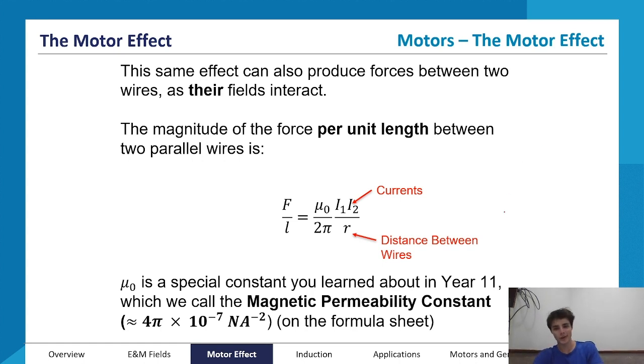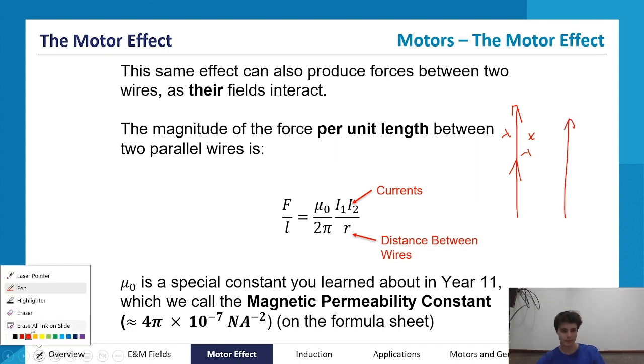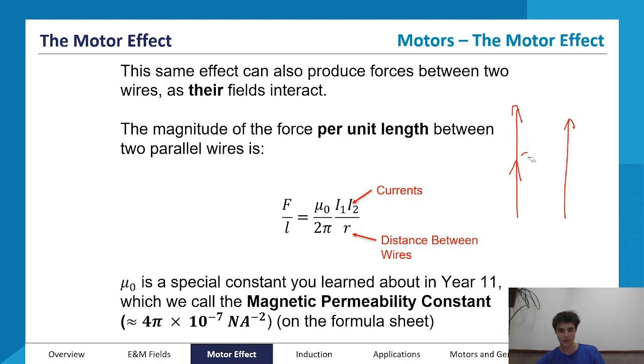So essentially what you've got going on in this situation is rather than one wire and an external magnetic field, you've got a wire and then another wire next to it. And because these two wires are both producing magnetic fields, their magnetic fields will interact with each other and cause some sort of force between them.